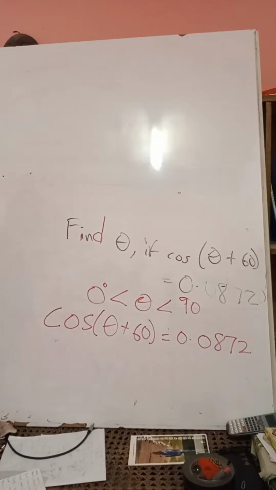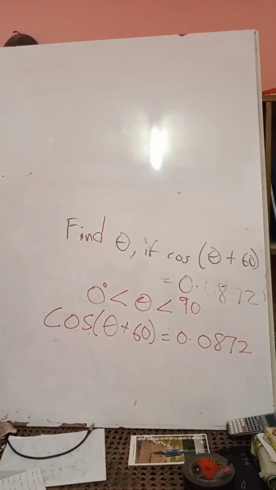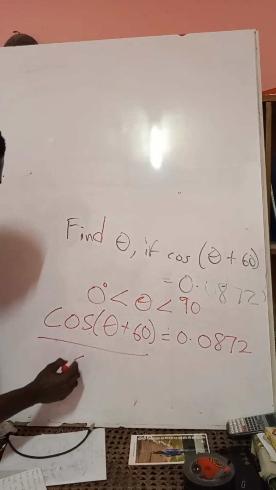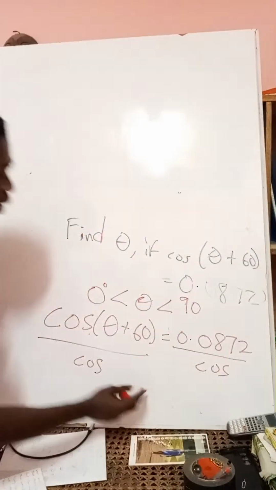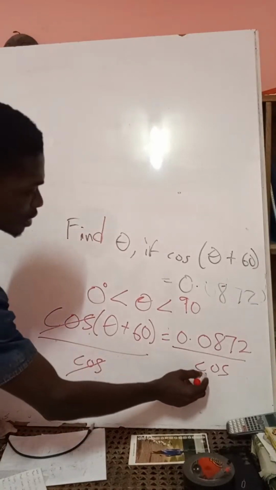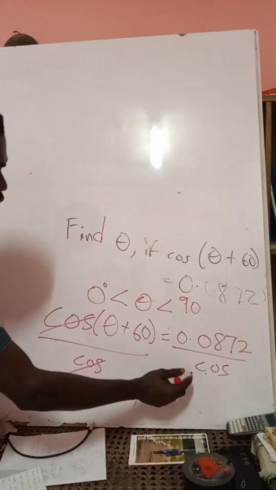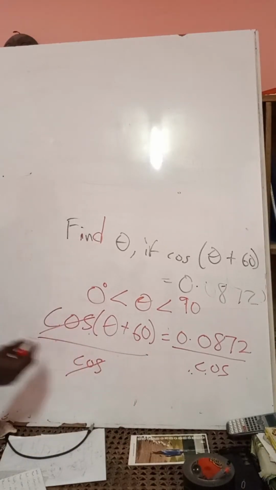So this is what you will do. You will find inverse of this one. In other words, we are dividing both sides by the cos. When you are dividing both sides, this cos will move, and then this cos means inverse of this one, right? So this division means that it's the same as cos inverse of this.